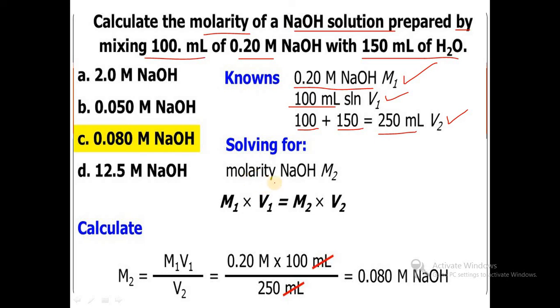Then we know that the molarity of NaOH, that is M2, can be calculated by the formula M1V1 is equal to M2V2. So M2 can be determined by M1V1 divided by V2. By substituting these values, the answer is 0.08 molar NaOH solution. By adding 150 ml water to the NaOH solution, we get the overall concentration of NaOH as 0.08 molar.